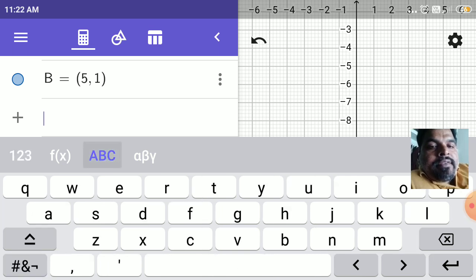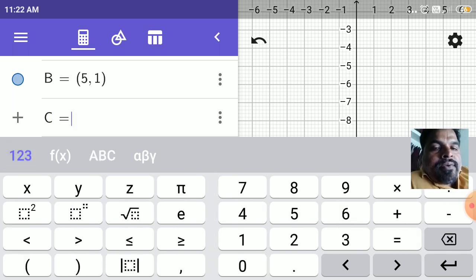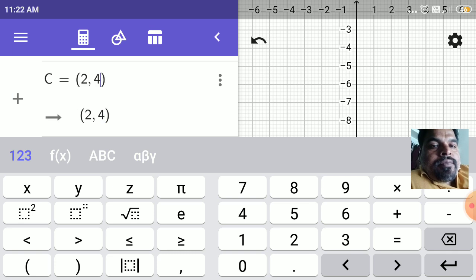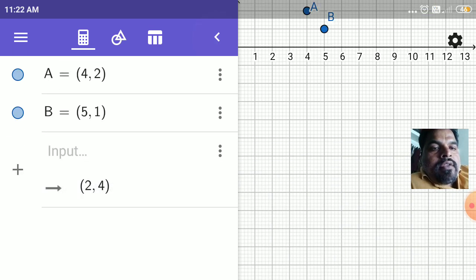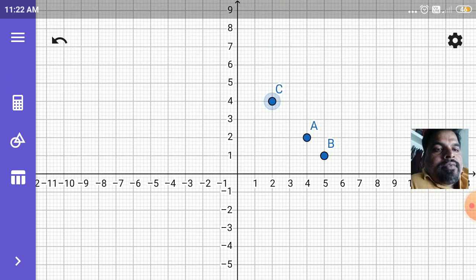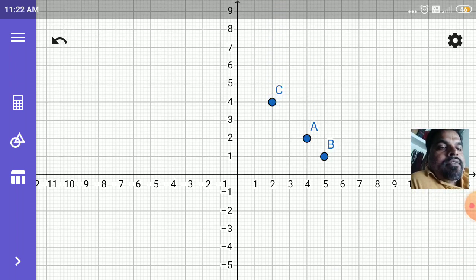And the third point is C. The coordinate of this point is 2 comma 4. Now in the graph, the given solutions of the equation are: point A is 4 comma 2, point B is 5 comma 1, and the third point is 2 comma 3.